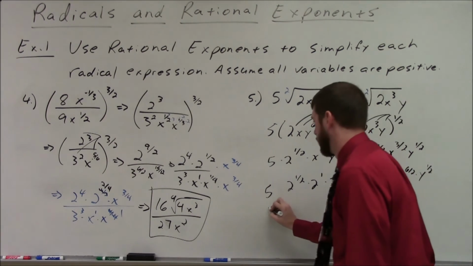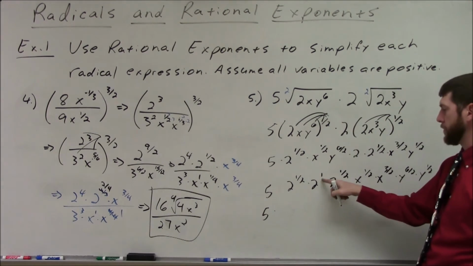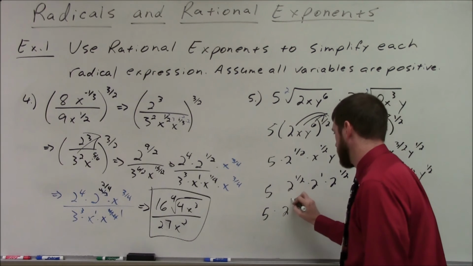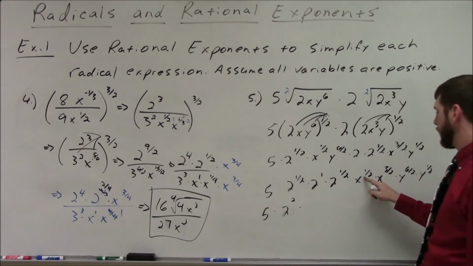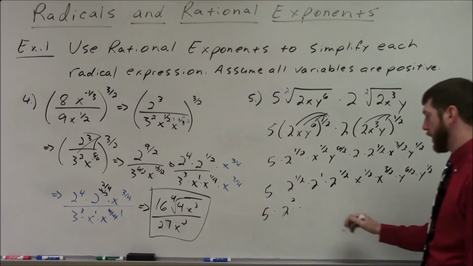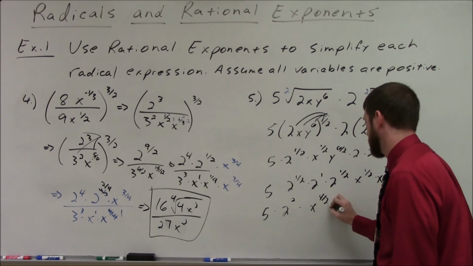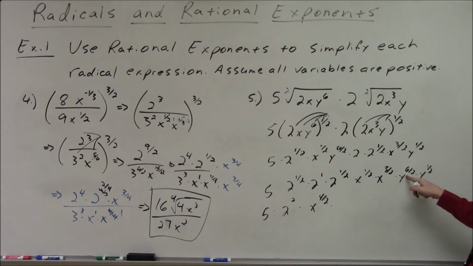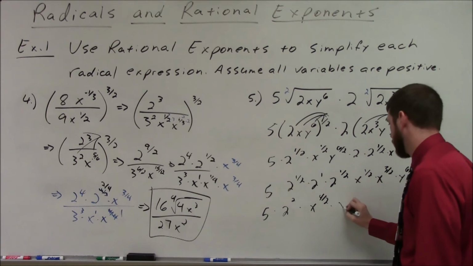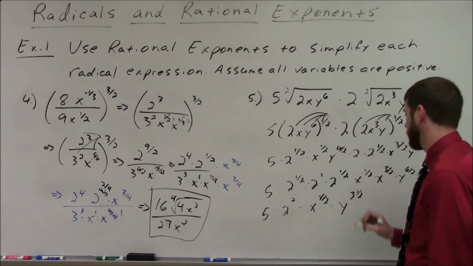So we put them all together. I've got 5, 1/2 plus 1 plus 1/2 is 2 to the 2nd. 1/2 plus 3/2 is 4/2, x to the 4/2. And y to the 6/2 plus 1/2 is y to the 3.5.